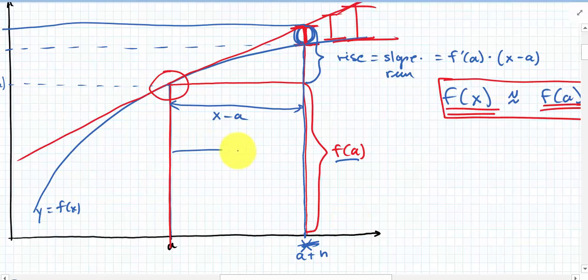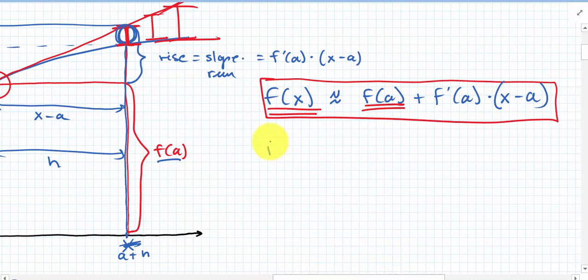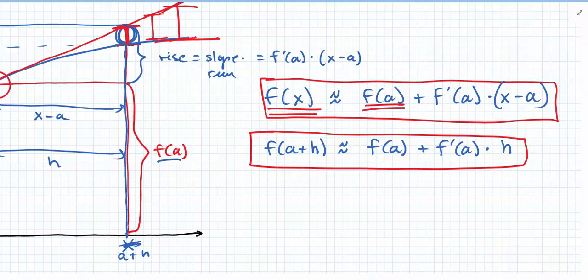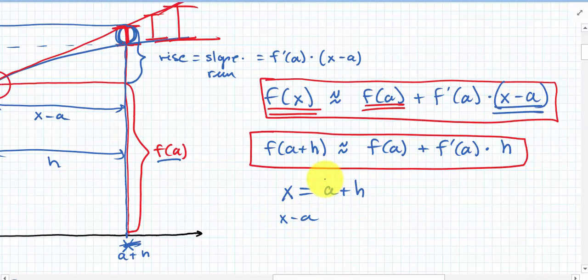So now the run is going to be h, and the formula becomes f of a plus h is about f at a plus f prime at a times h. It's exactly the same formula, but I replace x by a plus h, and then x minus a becomes h. Here we go. Let's apply this formula to a couple of problems.